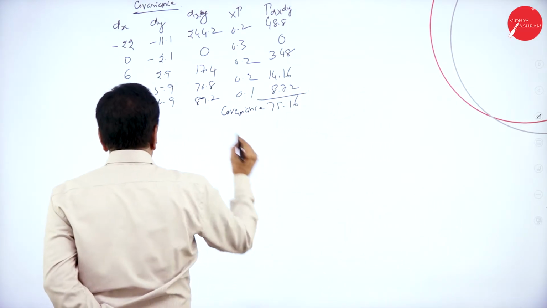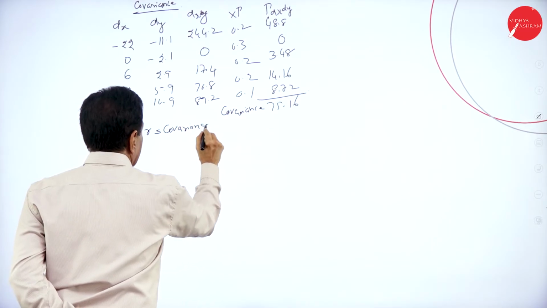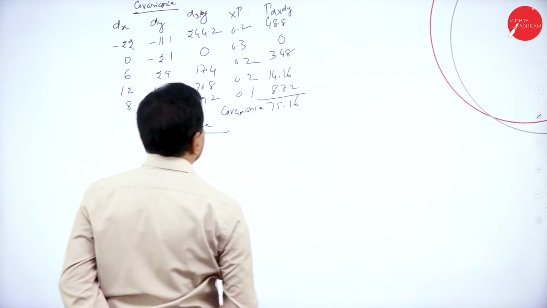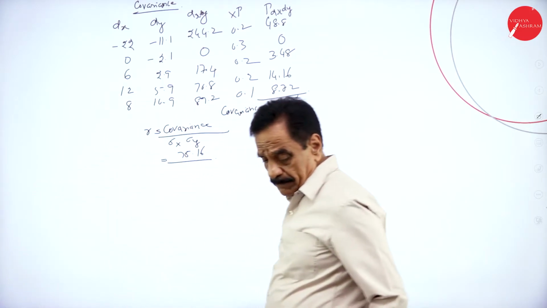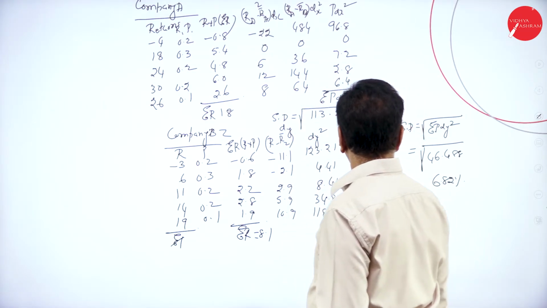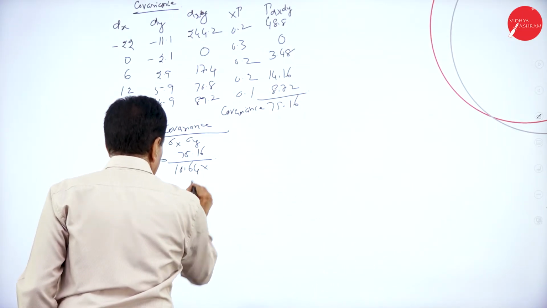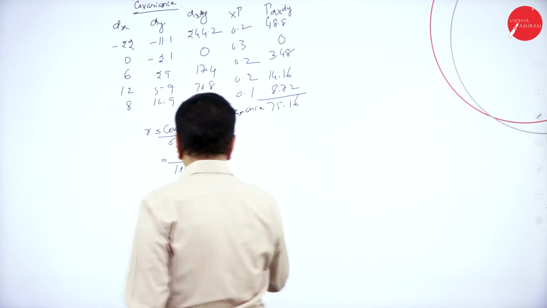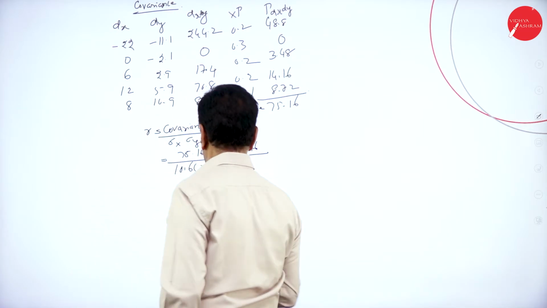Then R is equal to covariance divided by standard deviation X into standard deviation Y. This is 75.16 divided by, come back to company A, standard deviation is 10.64 into standard deviation Y, 6.82. 75.16.